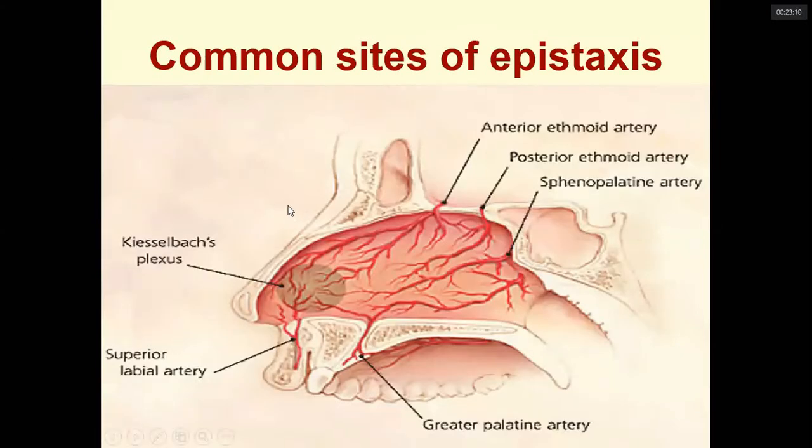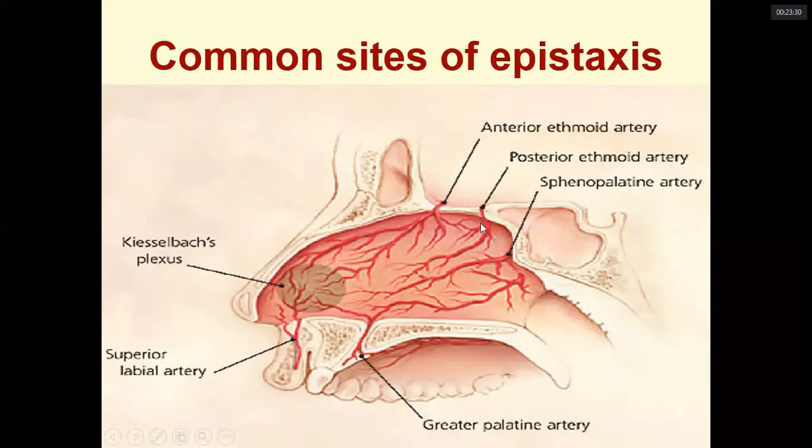So look here. This is the Little's area that we are talking about. You do not get such a marking on the nasal septum, but this is just to make you understand. This is the anterior ethmoidal artery coming from here, and the greater palatine artery branches, the sphenopalatine artery, and the superior labial artery.